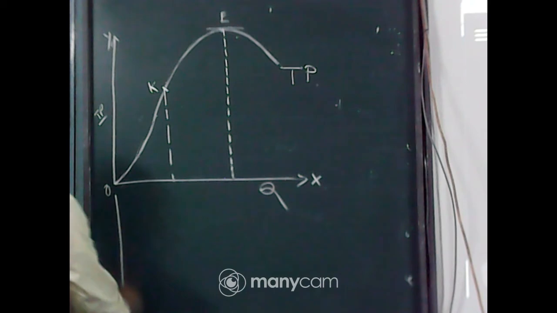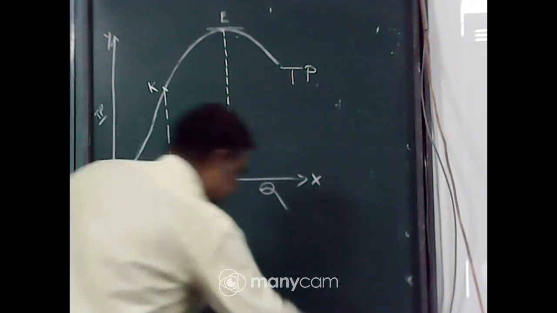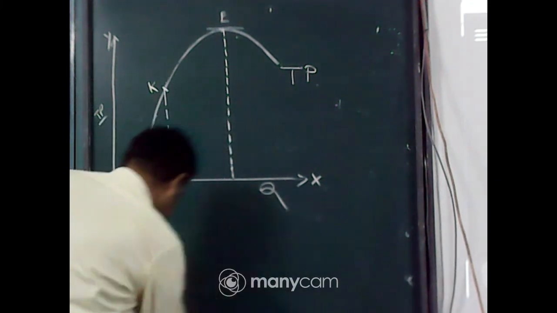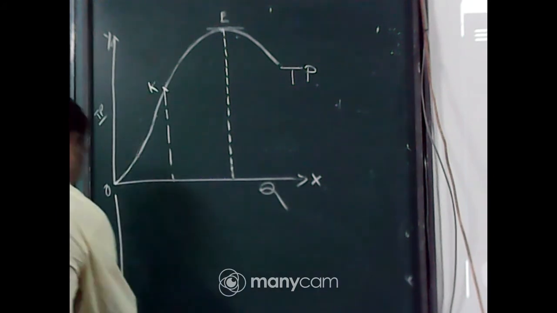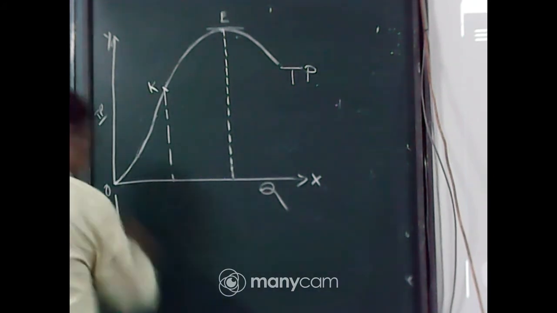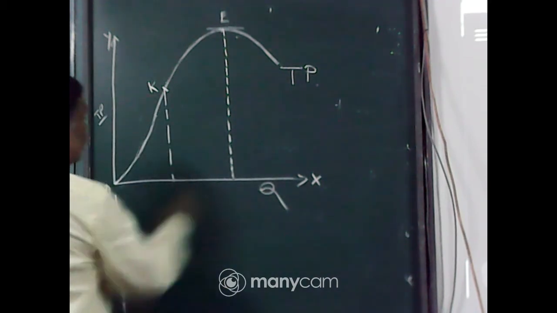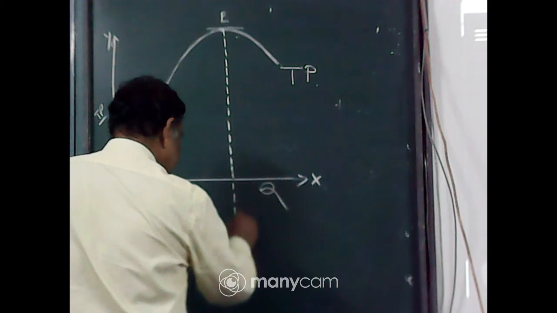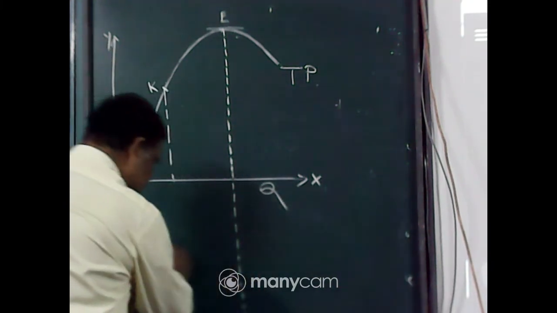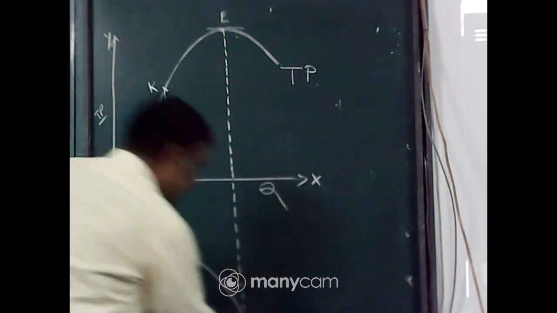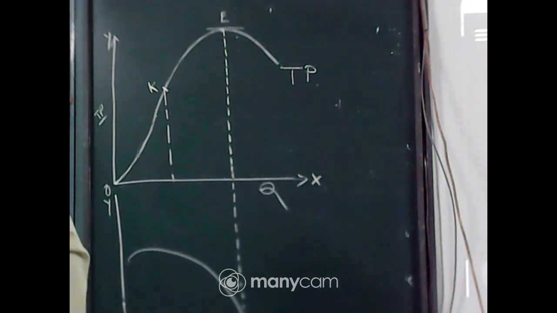Now I am giving you another concept. This is the marginal product curve. It is MP. Now it should be clear.